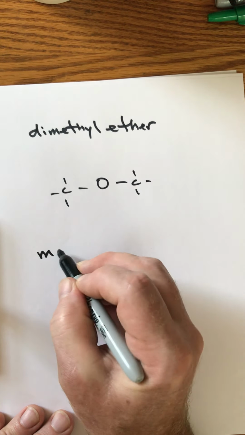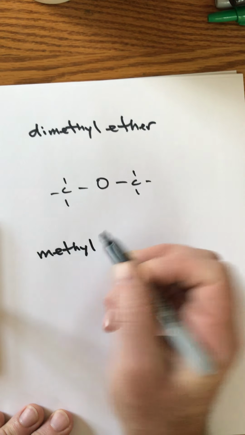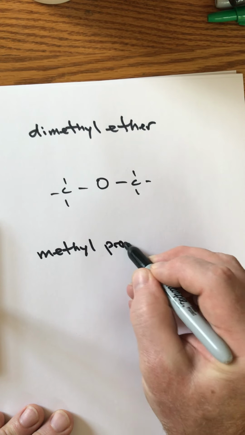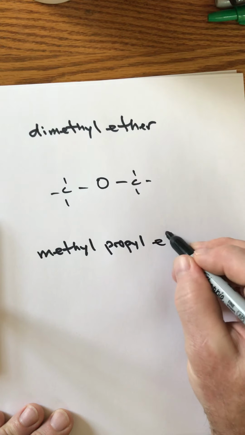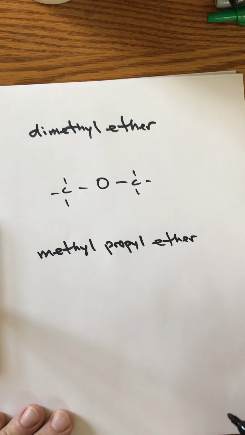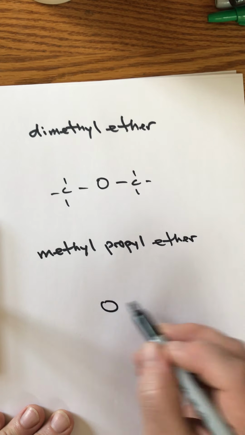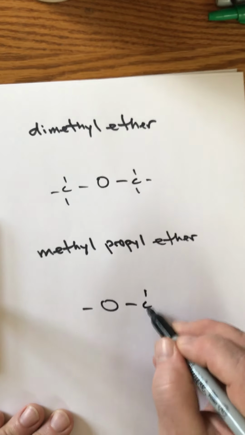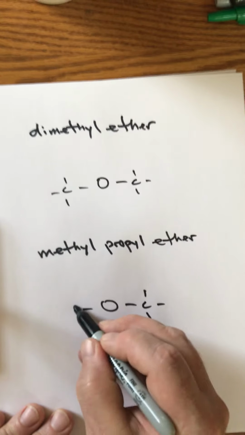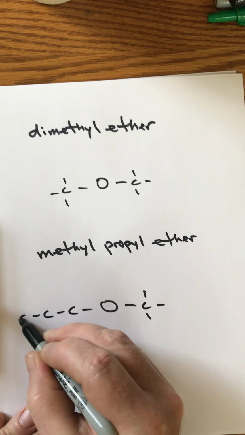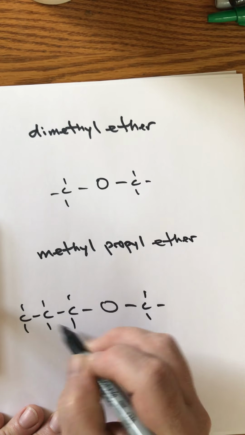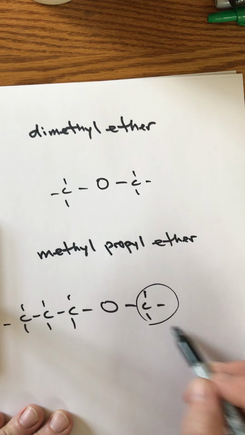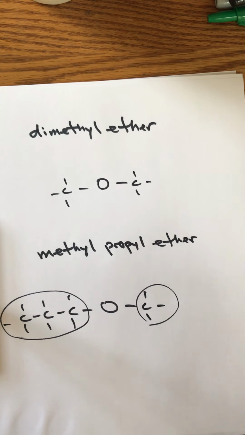What if I said methyl propyl ether? Start with the word ether. Do this. On one side, put methyl. I don't care what side you put it on. I'm going to pick this one. On the other side, prop. I need 3 carbons. 1, 2, 3. Methyl propyl ether.